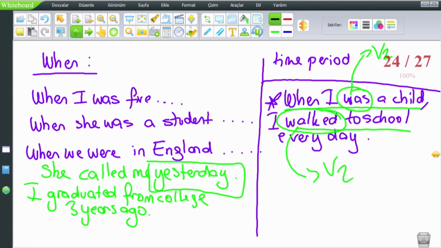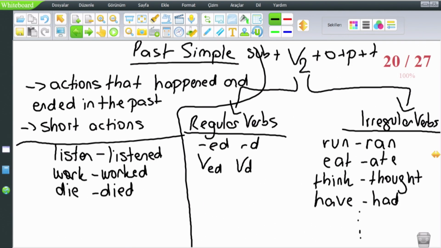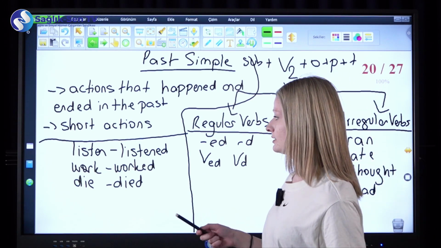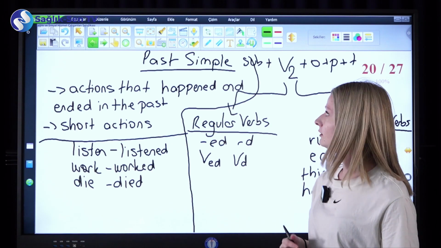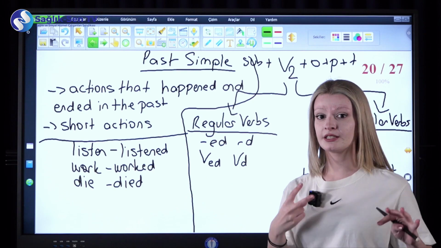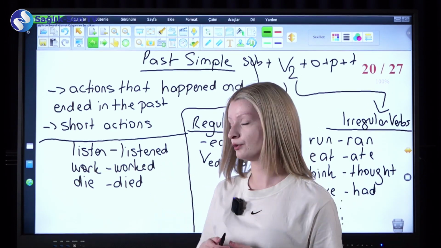Okay, let's have a look from the beginning, and then we are going to talk about past progressive. Where do we use past simple? Actions that happened in the past, and we're talking about short actions. We use verb 2 form in past simple after our subject, and there are two ways to make a verb 2 form.